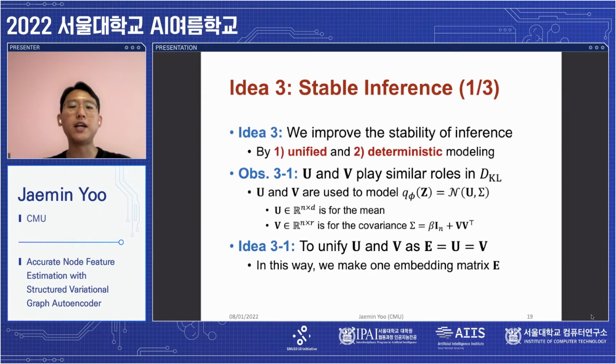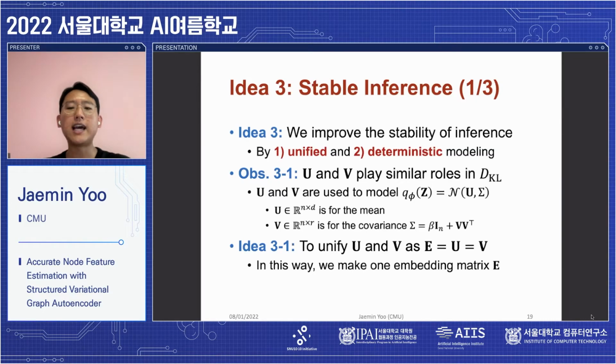Our last idea is to improve the stability of inference by unified and deterministic modeling. We observed that the node embedding matrices U and V play very similar roles in the KL divergence term. You can remember that U and V are designed to model the distribution of Z as a Gaussian distribution, and U is for the mean of the Gaussian, and V is to model the covariance in a low-rank approximated form.